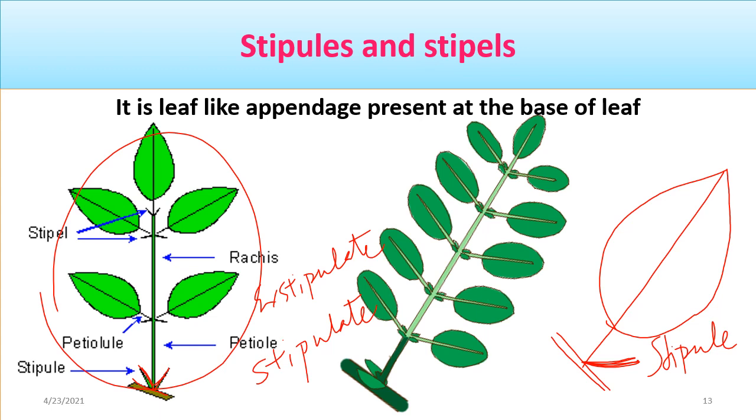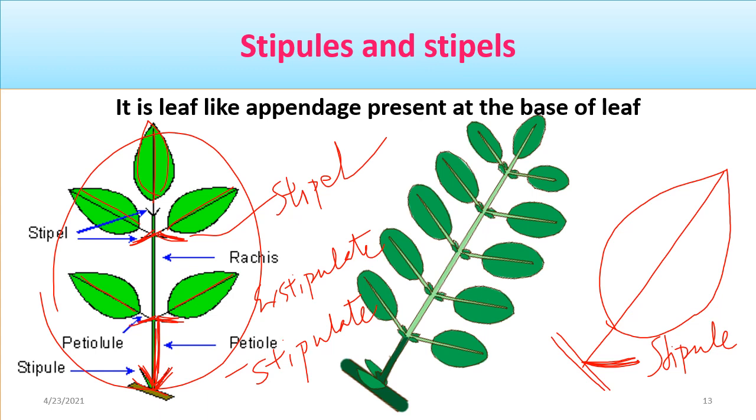In this compound leaf, this is a leaflet, this is a leaflet, this is a leaflet, this is also a leaflet, but here is also a stipule-like outgrowth. When something is at the base of the petiole, that is called a stipule. But if such a structure is present at the base of a leaflet, then that is called a stipel.